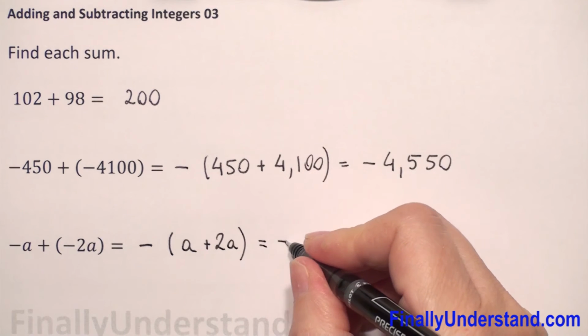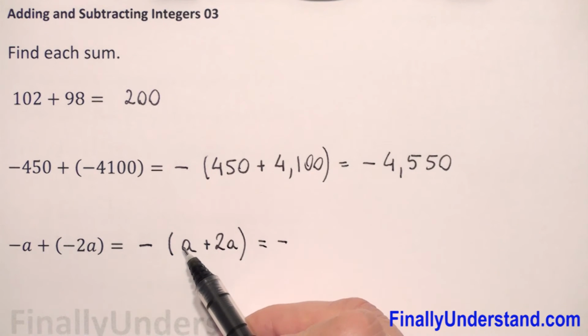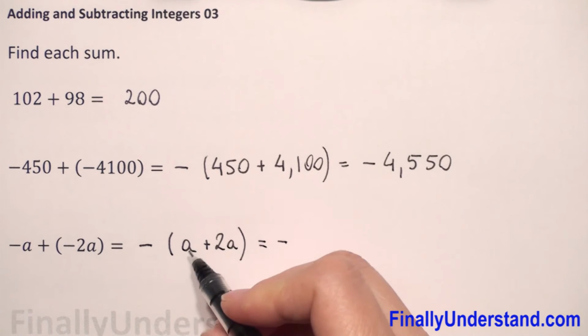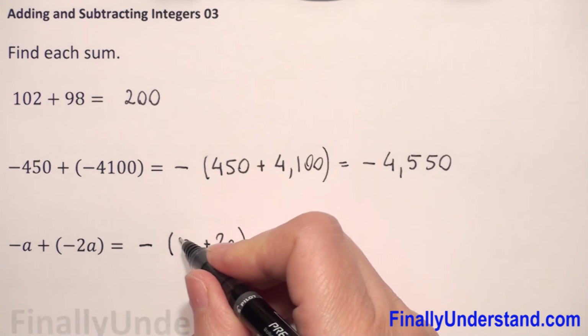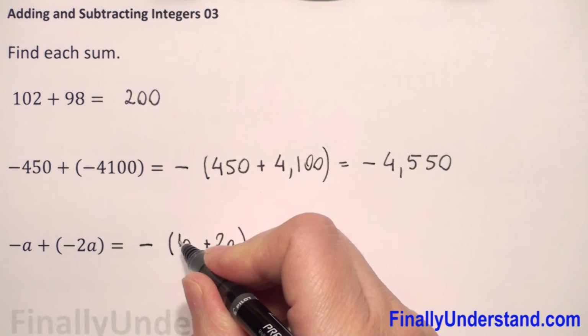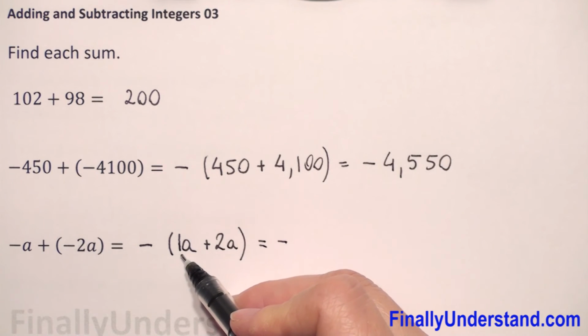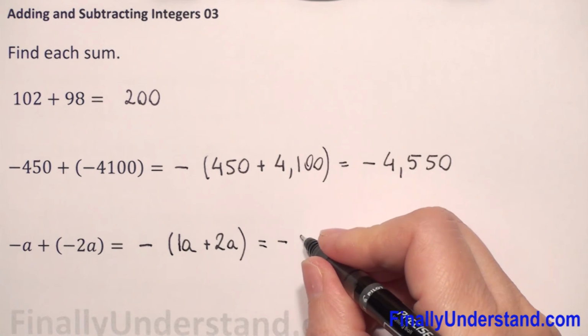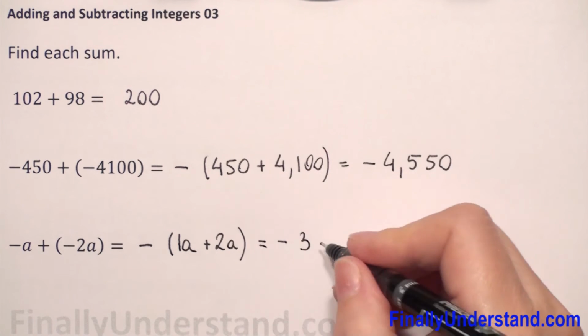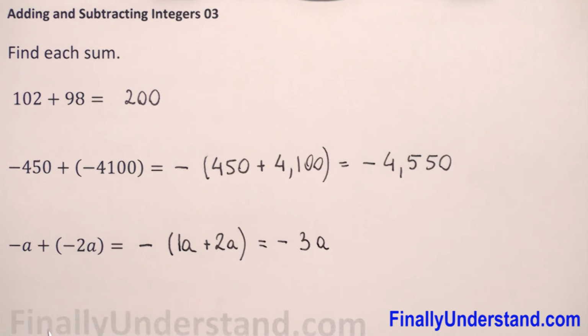Negative sign we rewrite, and when we don't have any number before a variable, it always is like 1. So we have just 1 plus 2, so this is 3, and we copy variable a. So negative a plus negative 2a is negative 3a.